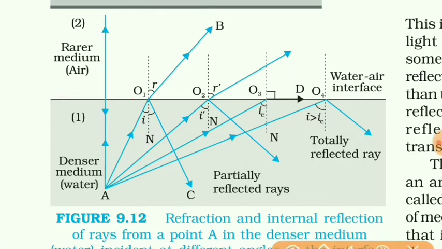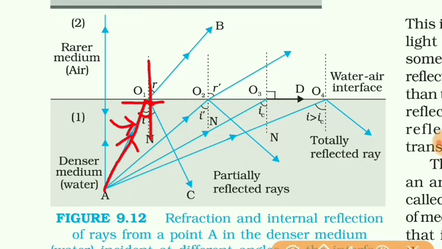Then consider a second ray which is incident at this point O1. So it makes an angle with the normal. This is the normal line. The angle made by the incident ray is I. It is shown here.